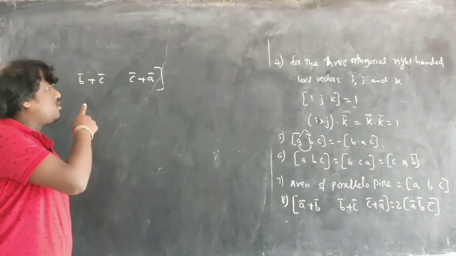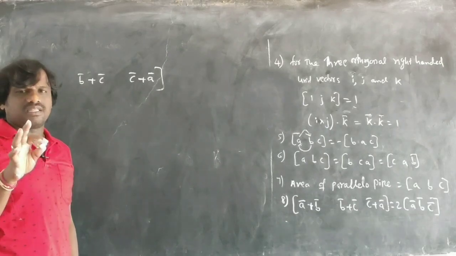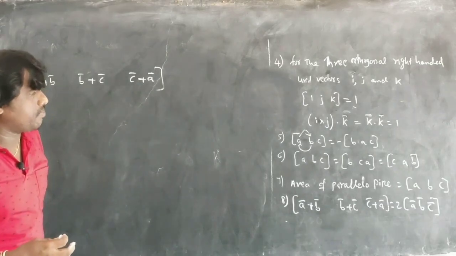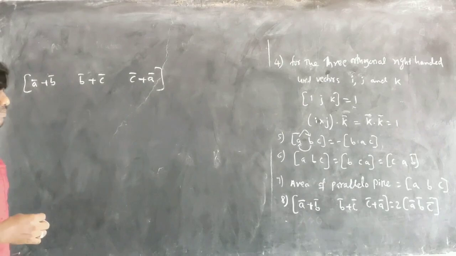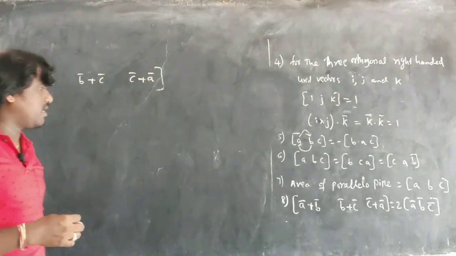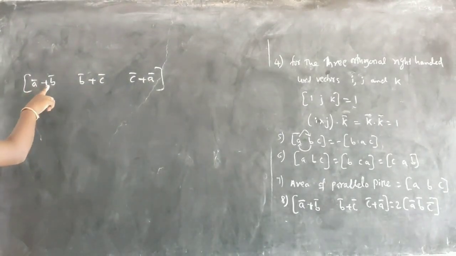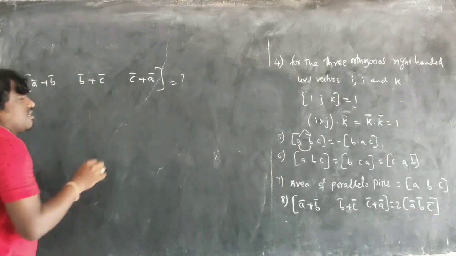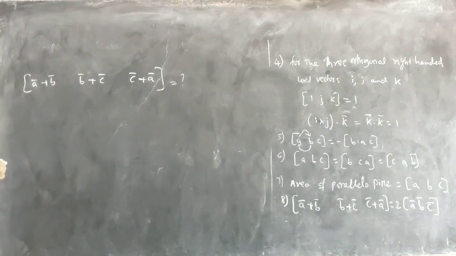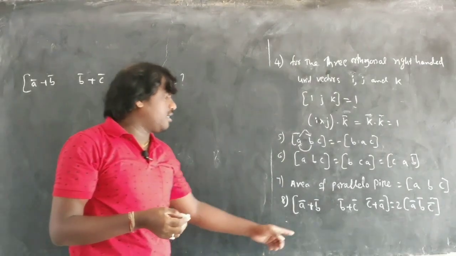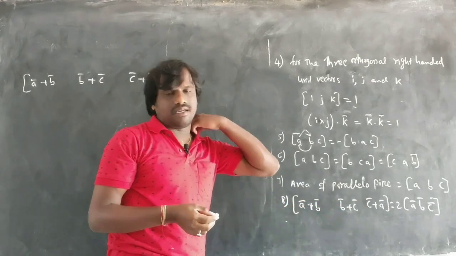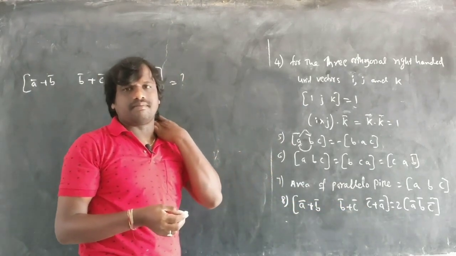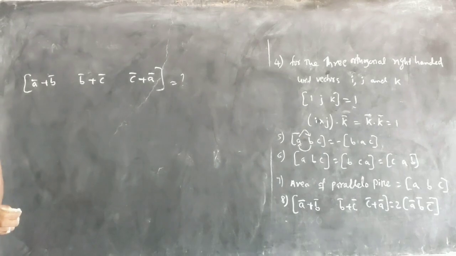I explained this property today, the second property. Whenever you have A plus B, B plus C, C plus A, what is the value of this? This is a 2 mark or 1 mark important question. From the JEE point of view, just remember this value, so it will be easy to solve some of the JEE questions. I'll make you solve it.